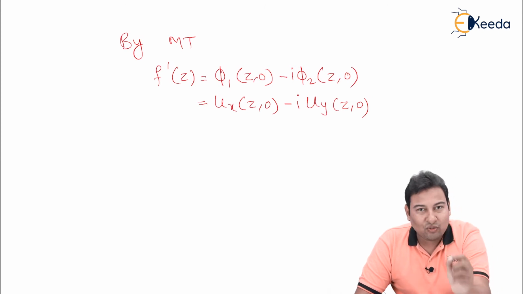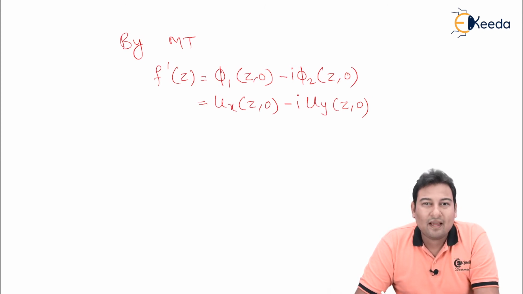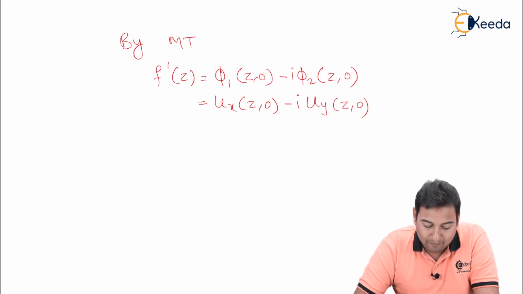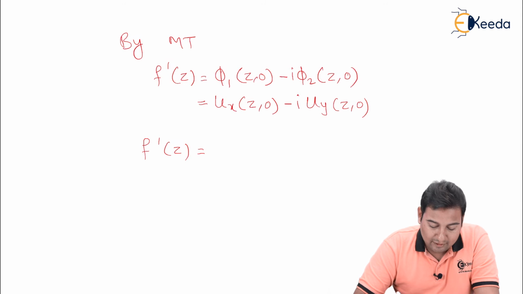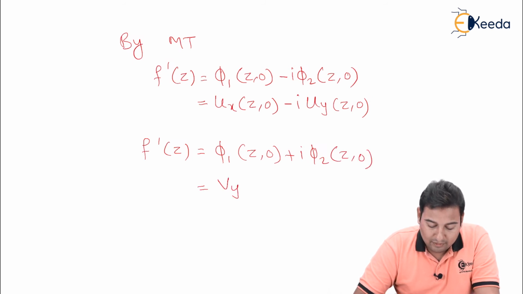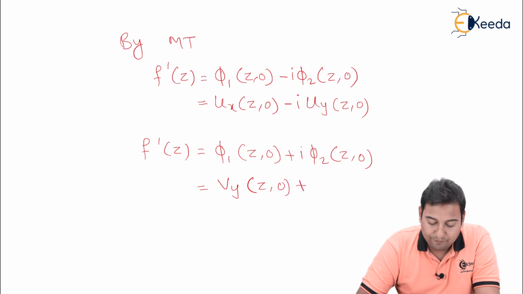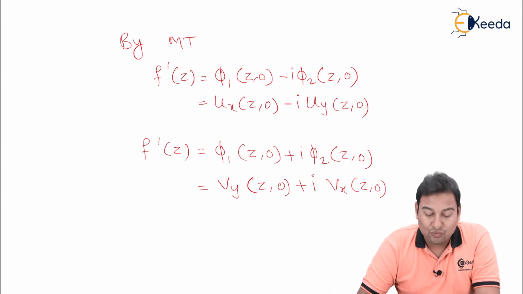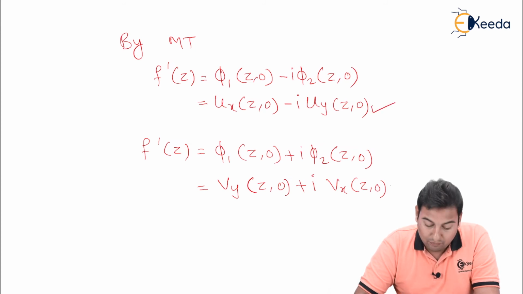One is with respect to u, that is f dash z equals phi 1 z comma 0 minus i times phi 2 z comma 0, in which you consider ux and uy. There is one more formula, f dash z equals phi 1 z comma 0 plus i times phi 2 z comma 0, where these are vy z comma 0 and vx z comma 0. So you can go with either of these.